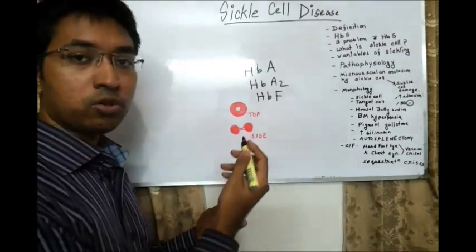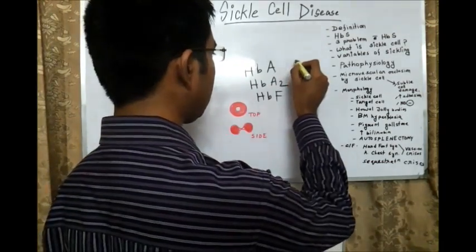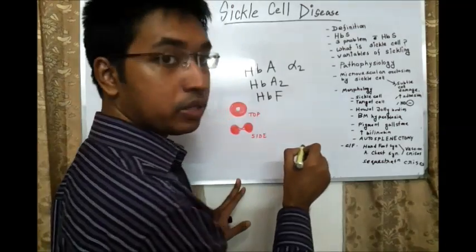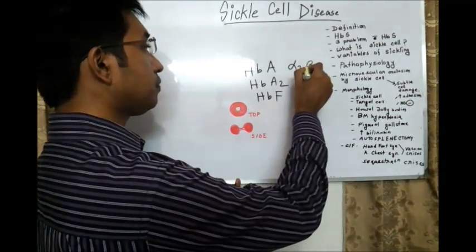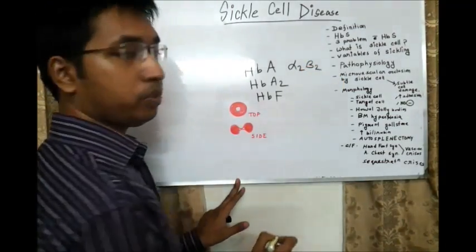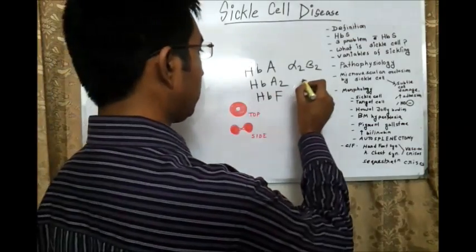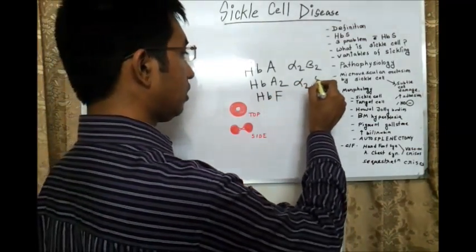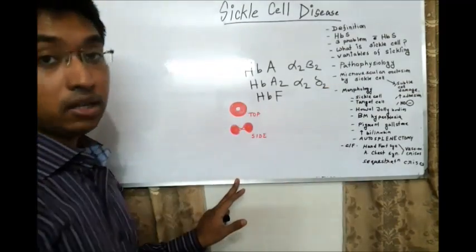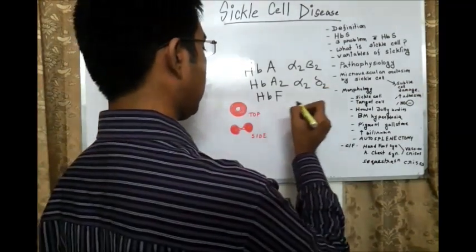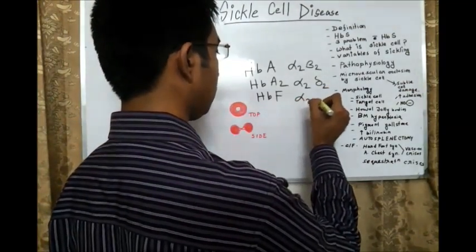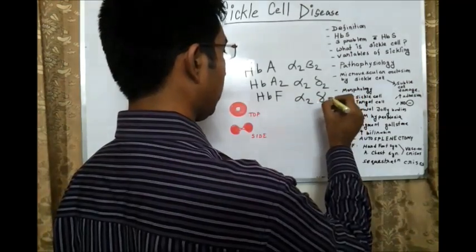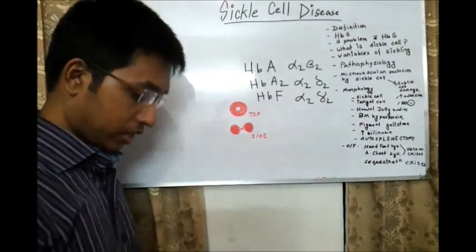Hemoglobin A has 2 alpha globin chains and 2 beta globin chains. Hemoglobin A2 has 2 alpha and 2 delta globin chains. And the last one, hemoglobin F, has 2 alpha and 2 gamma globin chains.